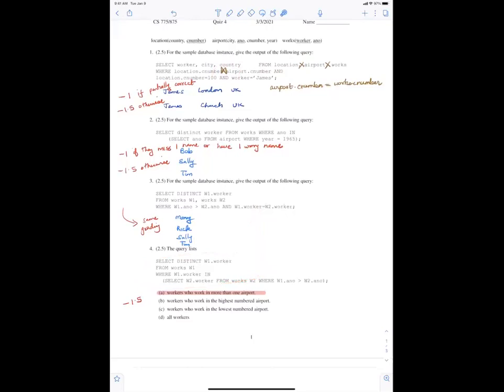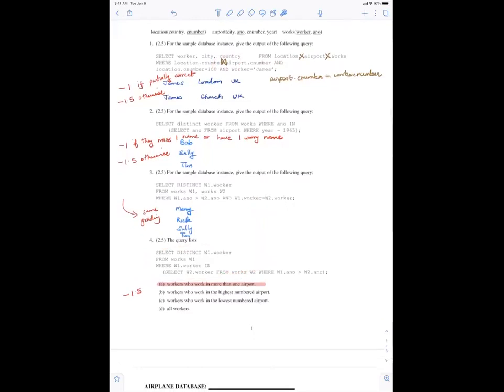So if you look out here, the nested one, it's saying select all the rows from W2, where W1.a number is greater than W2.a number, right?